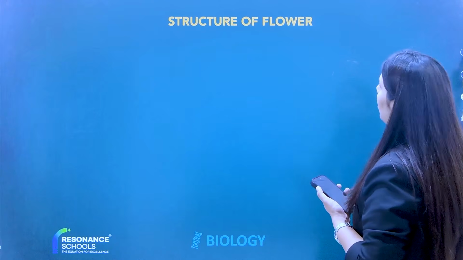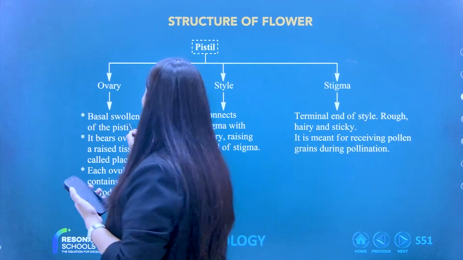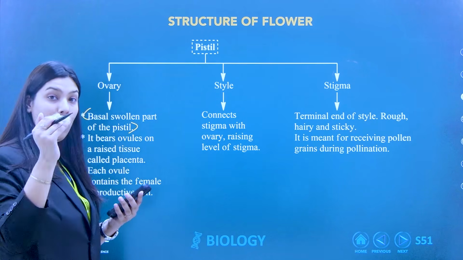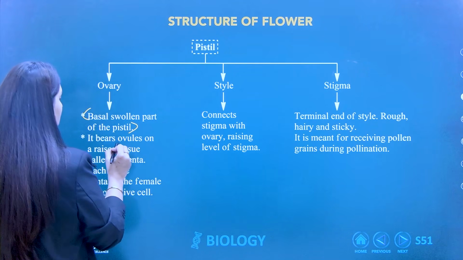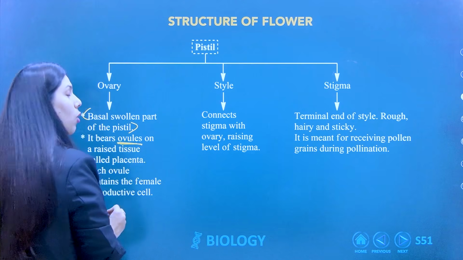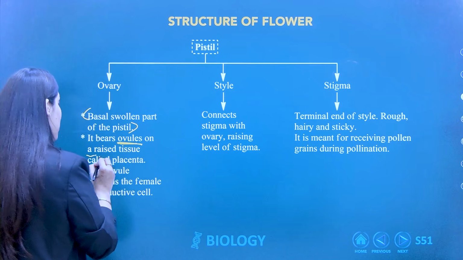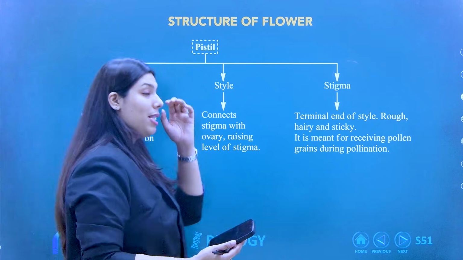So the same thing, pistil, ovary. Ovary is the basal swollen part, the lower part below the style, correct? Already told to you. It bears what? It bears ovules, on a raised tissue which is known as placenta. Now, what is placenta?